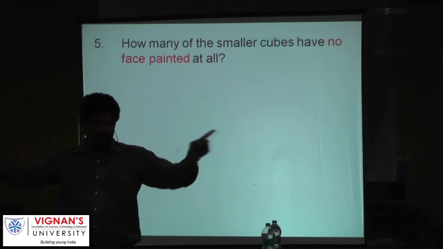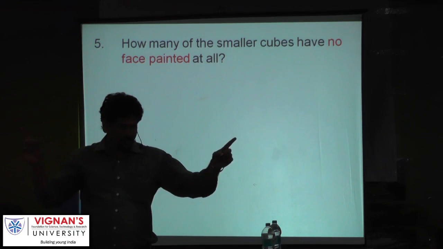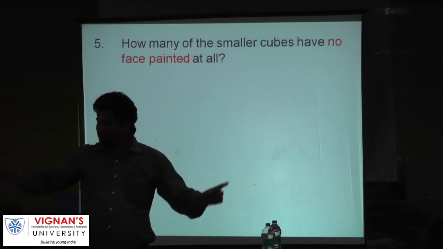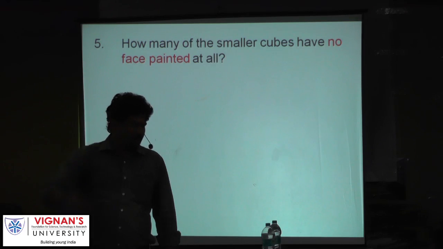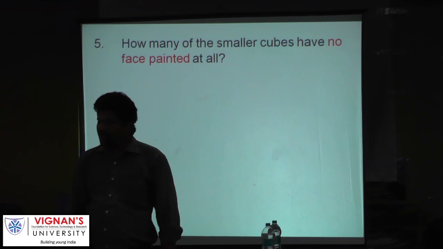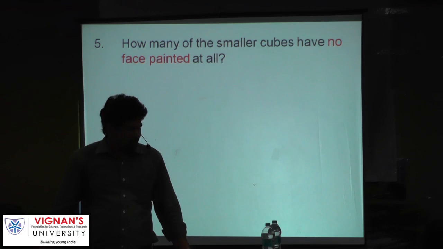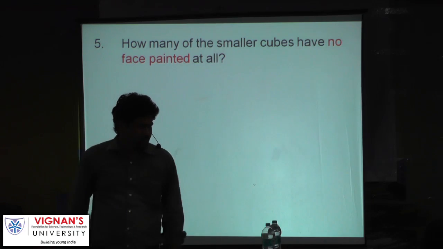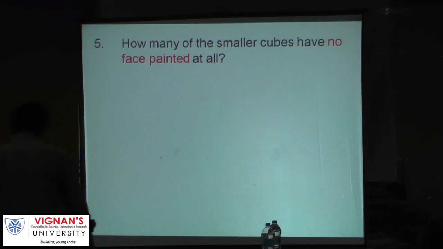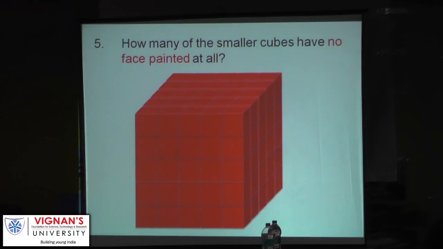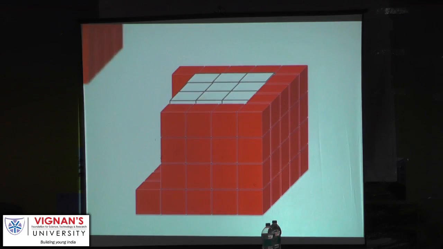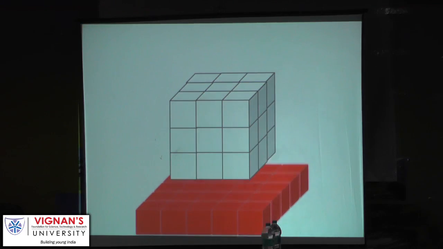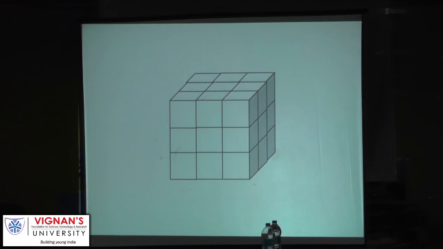Before, we have 5 in each dimension, right? After removing 2, how many do you have in this dimension? 3. So 3 into 3 into 3 is the cubes without paint, because we have removed all the painted cubes. So see this. If you remove, you have 3 by 3 by 3.